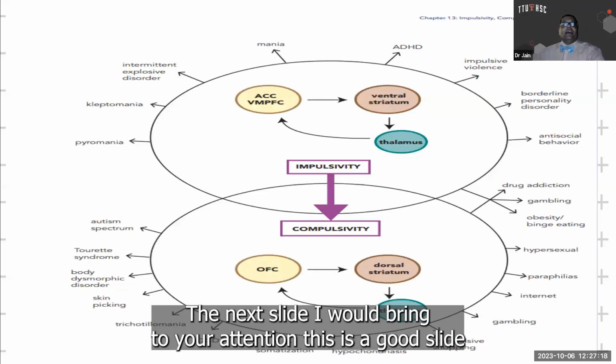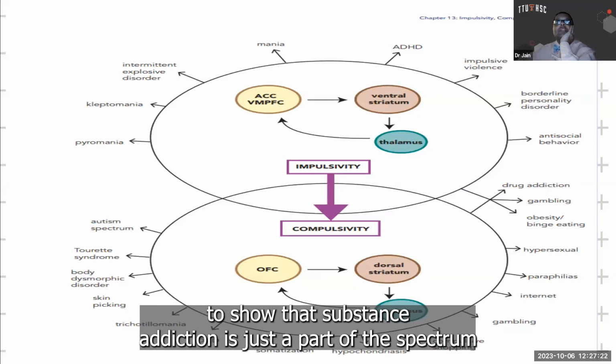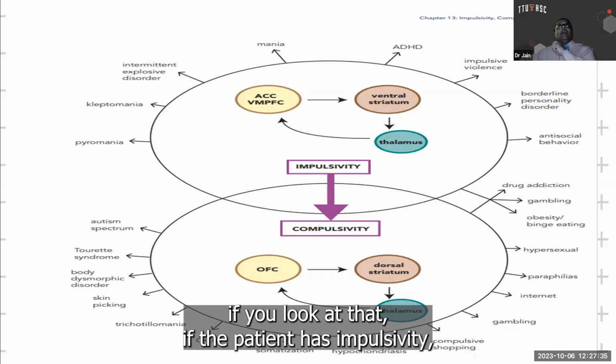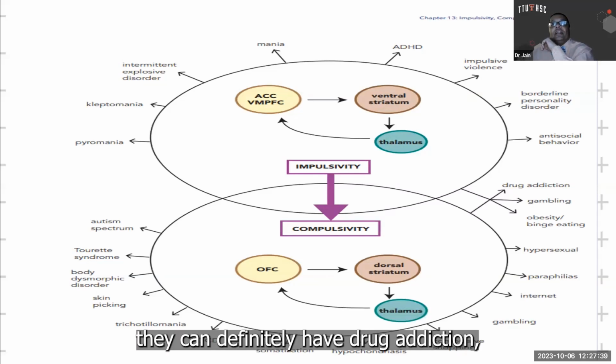The next slide I would bring to your attention is a good slide to show that substance addiction is just a part of the spectrum that involves impulsivity and compulsivity, right? If the patient has impulsivity, they can definitely have drug addiction, gambling, obesity through binge eating.